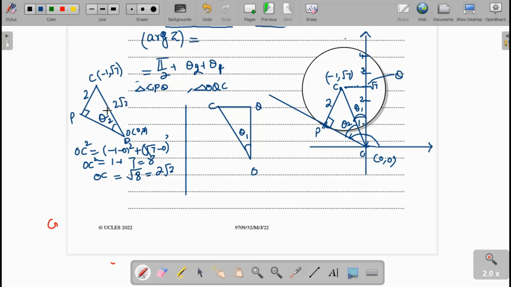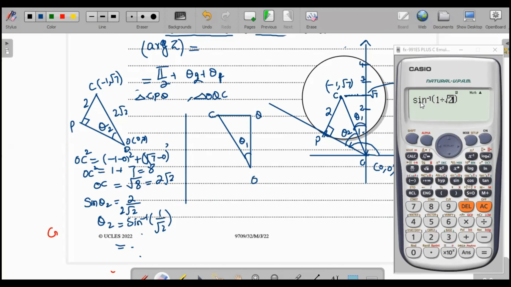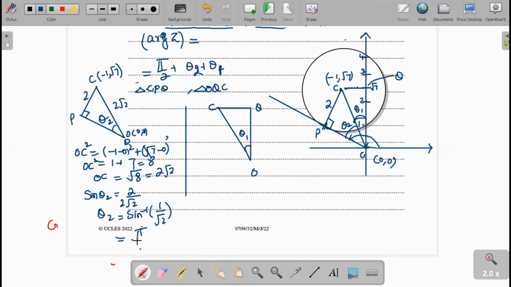Now we use the trigonometric ratio here, that is opposite over hypotenuse, so sine theta 2 will be equal to 2 over 2 root 2. Now theta 2 will be equal to sine inverse 1 over square root of 2. Now we put the value in the calculator and we get pi over 4.